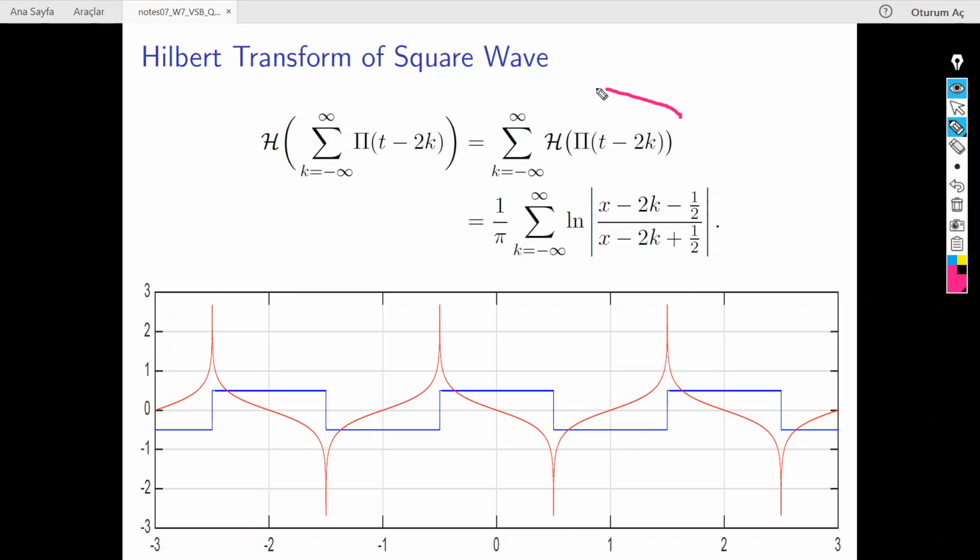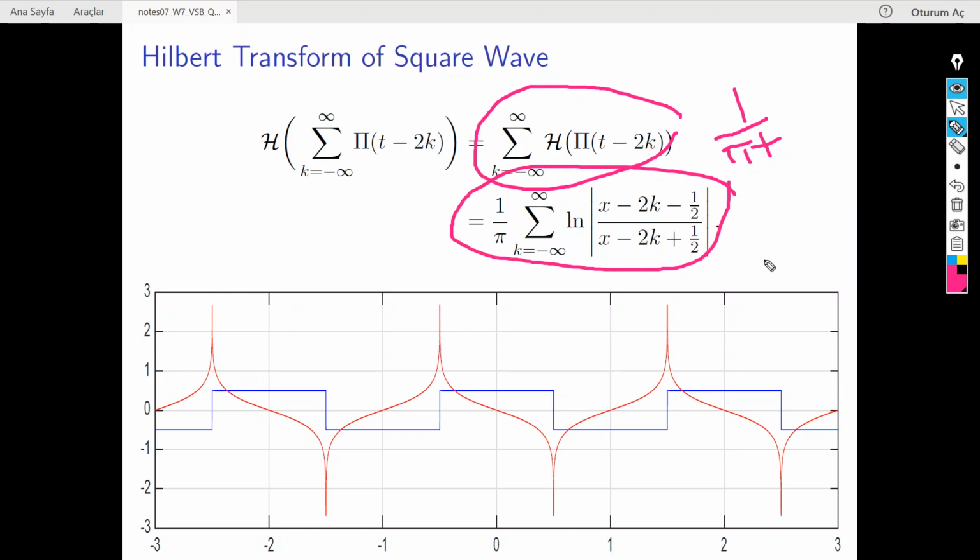Once you take the signal and convolve it with 1 over pi t, you get this formula. This formula can be drawn as the red curve here in the figure.